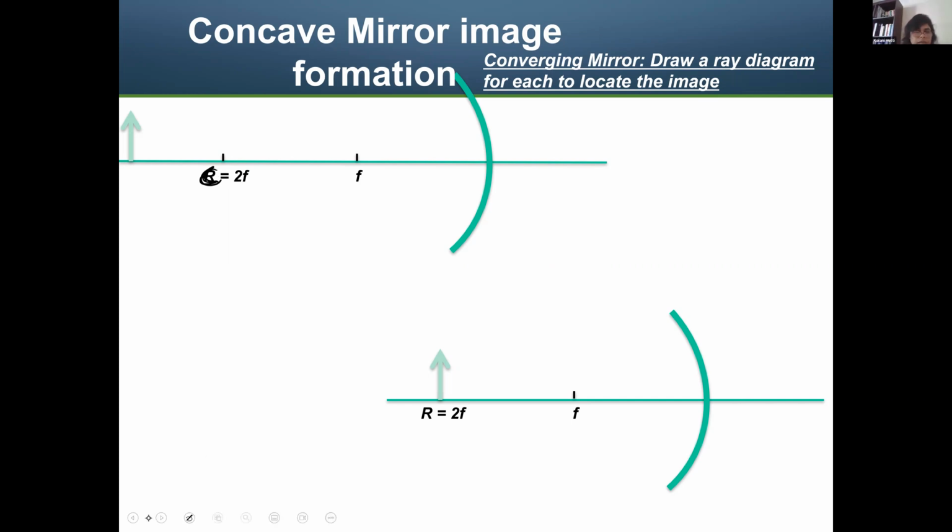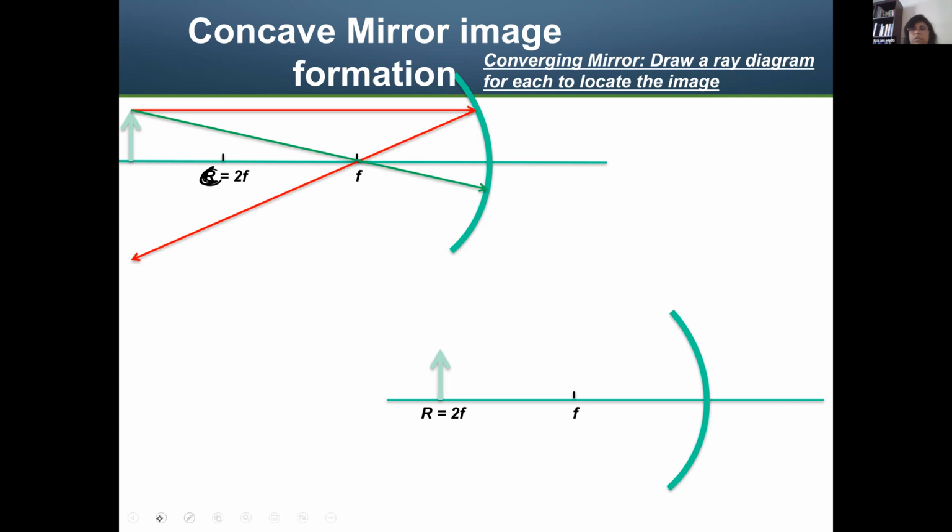In this case, take a look, I'm going to draw two rays. The first one is parallel to the axis and goes through the focal point, and the second one goes through the focal point and then becomes parallel to the axis. Now where is the intersection? It is here. Then you start from the tip point. This is where the tip ends, so your image will be somewhere here, farther away from the radius.